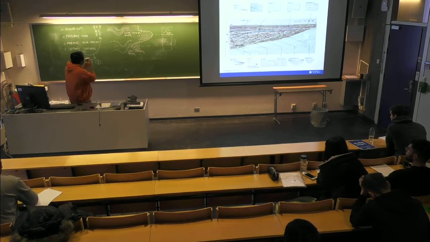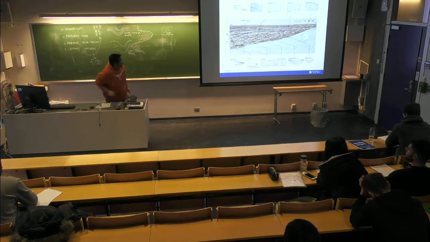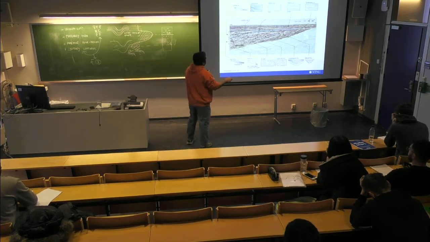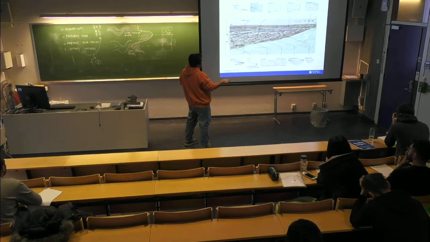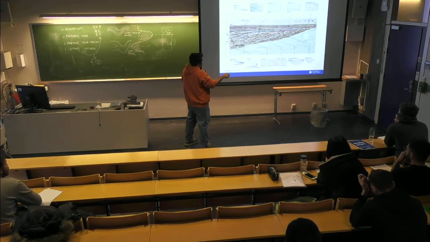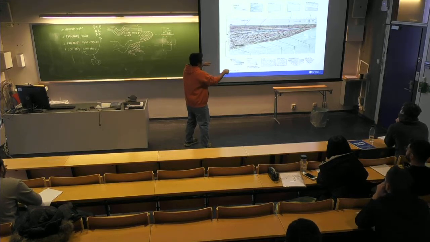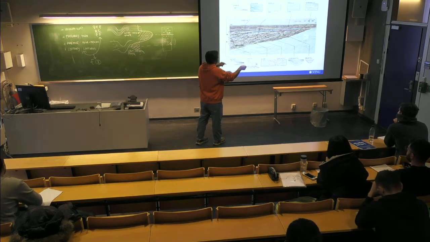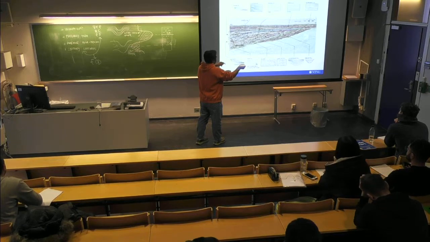So in this case, if you look at this divergent fill, when you go up, you have some low amplitude chaotic reflectors that have some erosional stuff, this one, right?